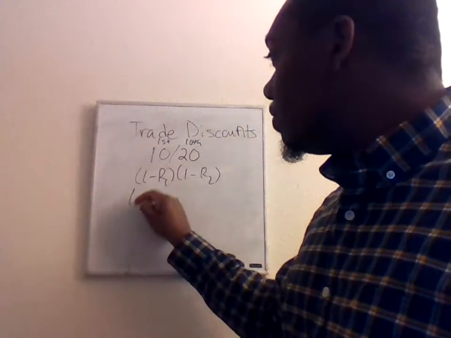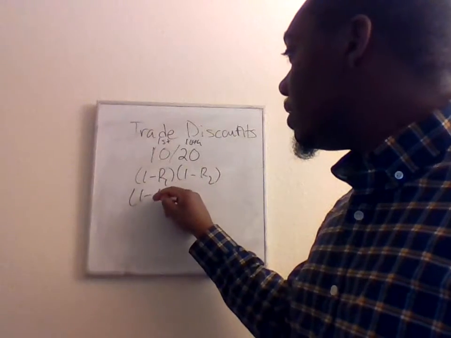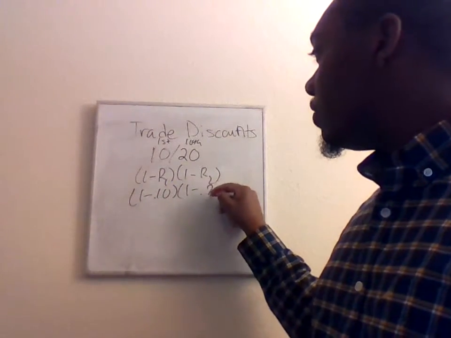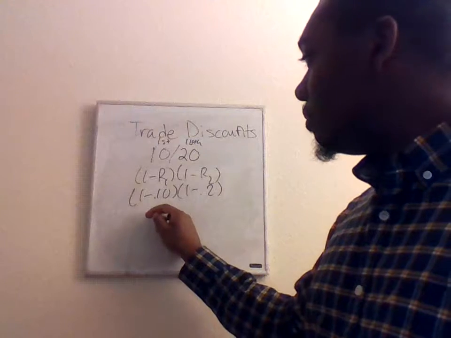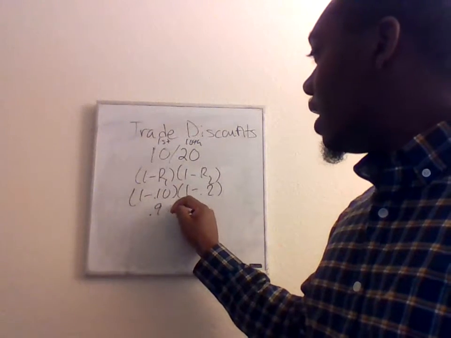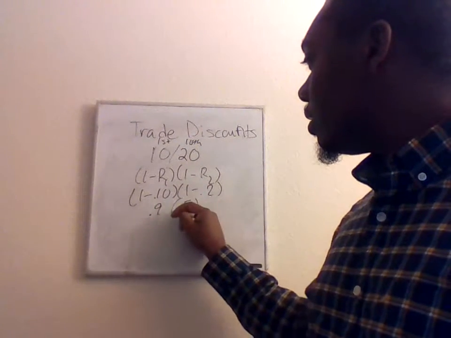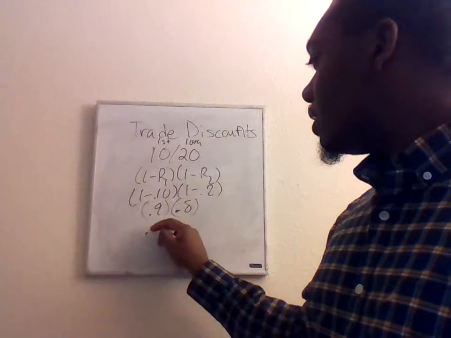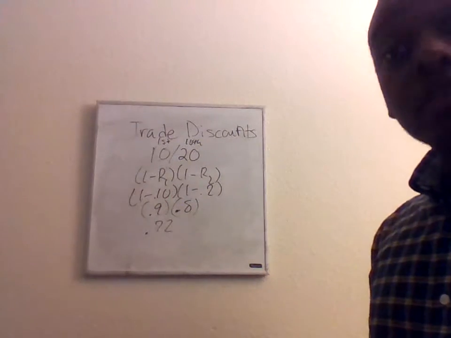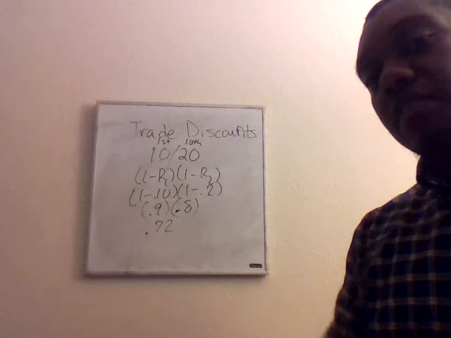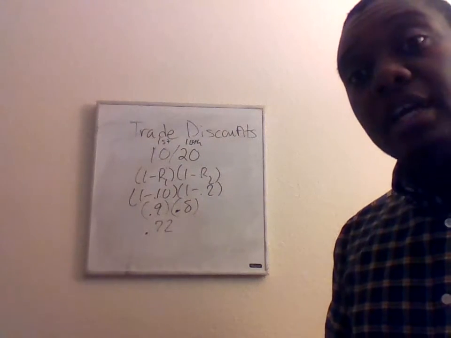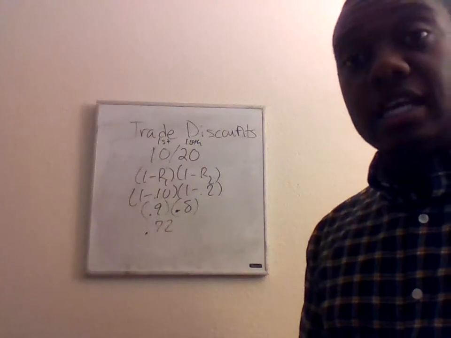So in this case, I would do 1 minus 0.10 and then 1 minus 0.2. And so I would do 0.9 times 0.8. And in this case, I get 0.72, or 72% of the original amount is the amount of money I would actually have to pay.